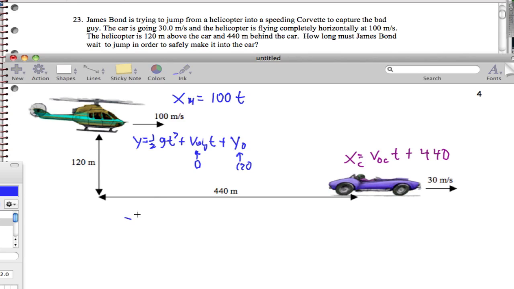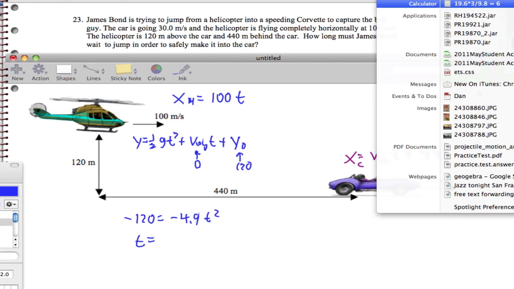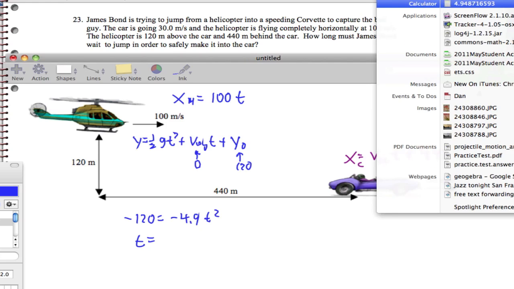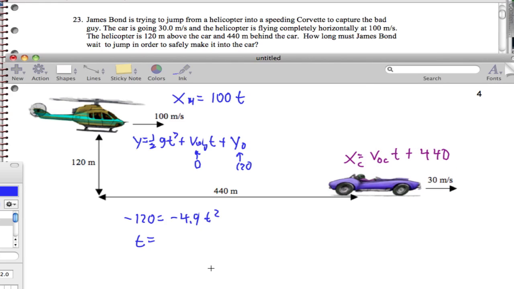So we can get negative 120 equals negative 4.9 times t squared. We solve for t: 120 divided by 4.9, then take the square root. If he's going to fall 120 meters, it's going to take him 4.95 seconds to fall.